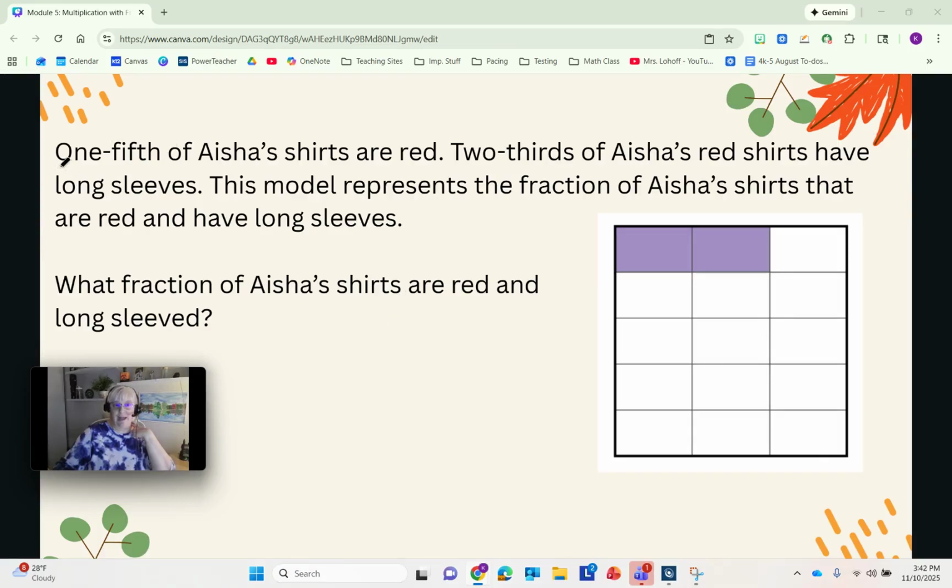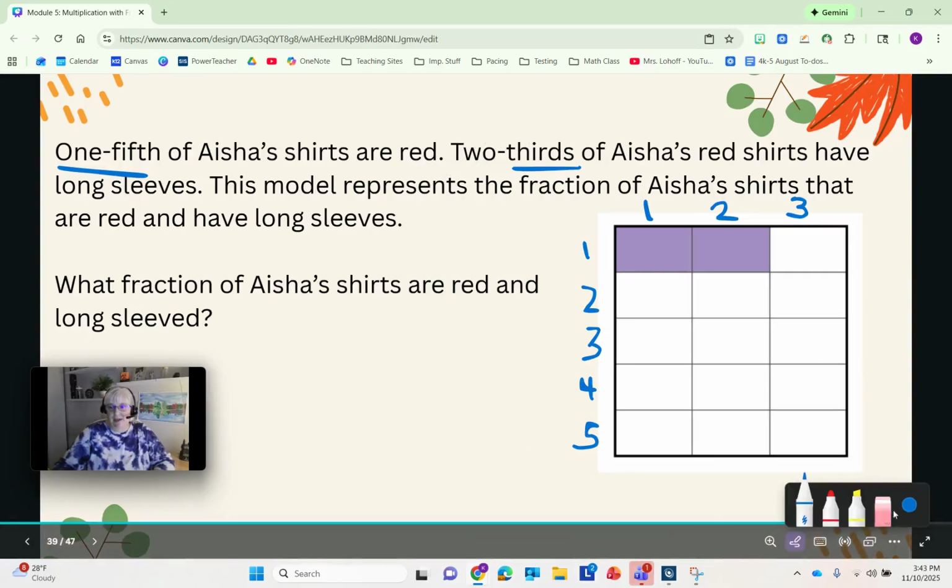So you can see we had 1/5, and if I look here, this side is divided into fifths. And the top is divided into thirds. This portion that's colored purple is where 1/5 overlaps with 2/3.